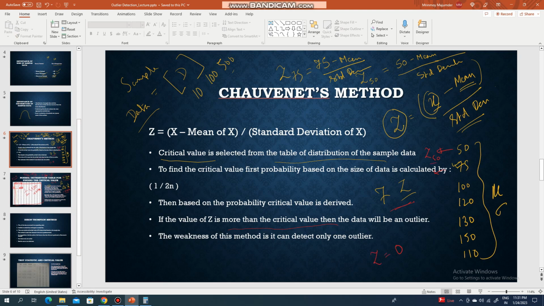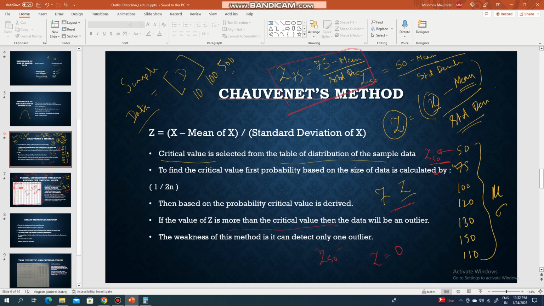And suppose this Z50, after applying this formula, is found to be 0.15 or something like that, then Z50 will become an outlier.